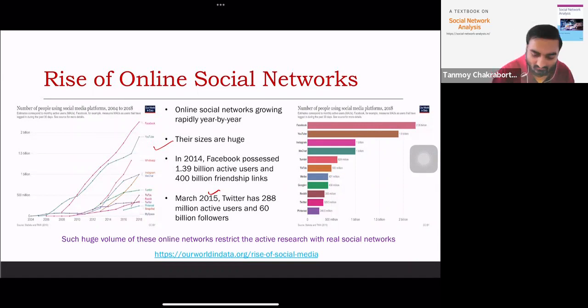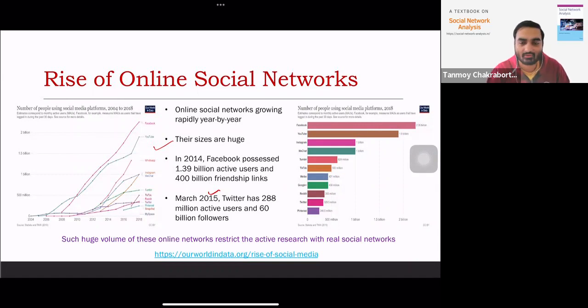Another reason is that in most cases, real world networks are difficult to scrape. So let's think of Twitter. Twitter is a platform which you can still scrape, whereas platforms like Facebook and WhatsApp, you can't scrape. This is not allowed. Where Twitter you can scrape, you get a 1% sample of the entire population, so this 1% or 2% sample of the entire network is just meaningless.